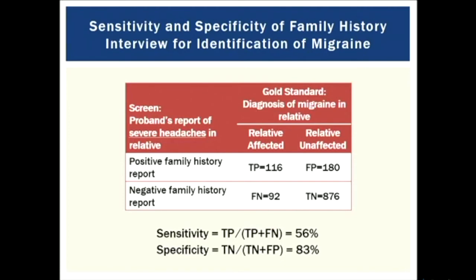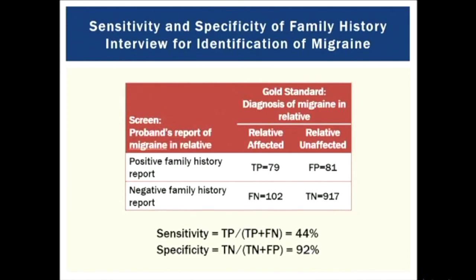So we found sensitivity was only about 56% for the very broad question, did your relative ever have severe headaches, when we're using as the outcome whether the relative had migraine. And then when we looked at the relatives who didn't have migraine, and we looked at specificity, the proportion of those who were correctly reported not to have severe headaches, we found specificity was about 83%.